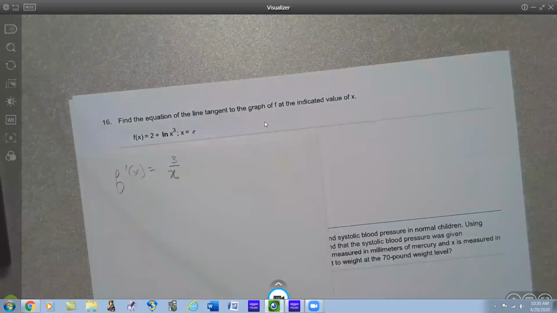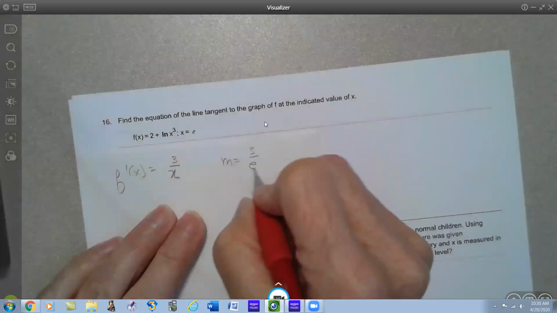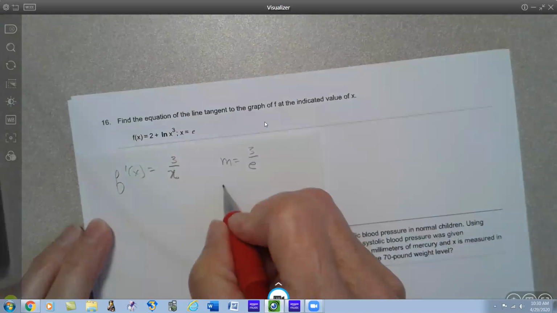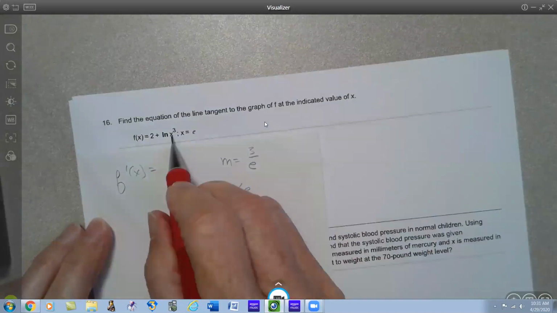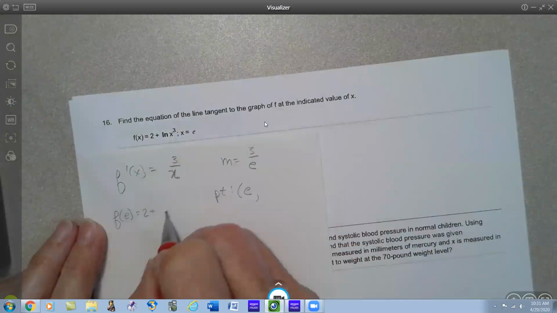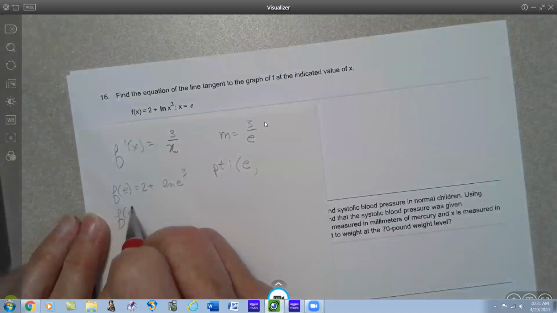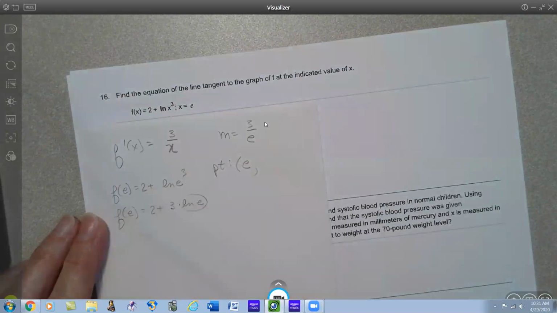All right. So my slope is just 3 over e. My point, if I substitute e back in this, I go get f of e. Remember, natural log of e is equal to 1. So the f of e is just 5 here.